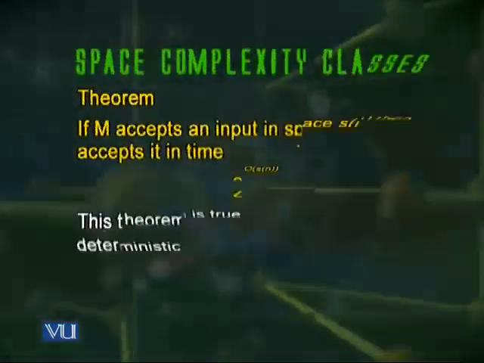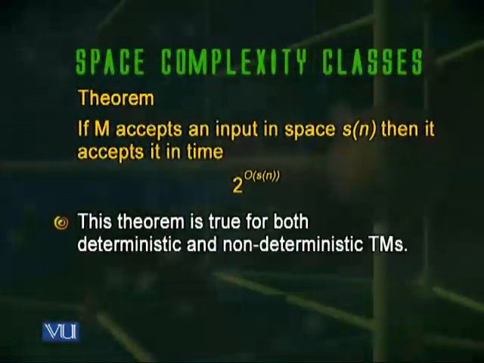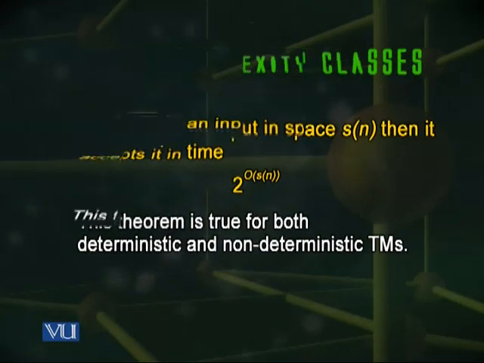And this gives us a simple upper bound on the number of steps taken by a space bounded Turing machine. If you think about it, this theorem is true for both deterministic and non-deterministic Turing machines. If there is a non-deterministic Turing machine that accepts input in space S of n, then it accepts its input in non-deterministic time 2 to the order S of n.